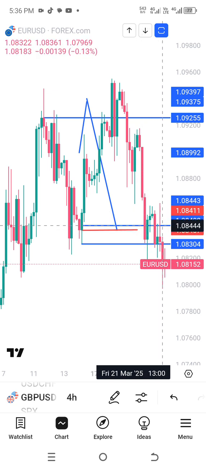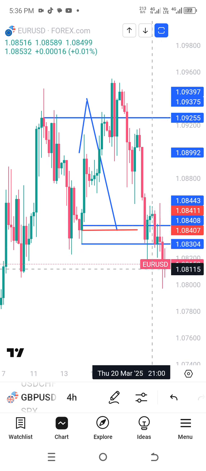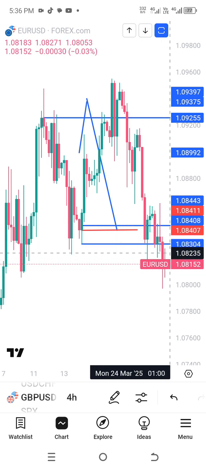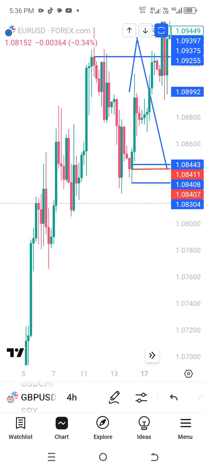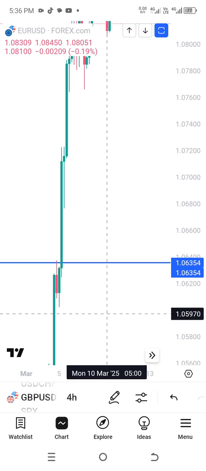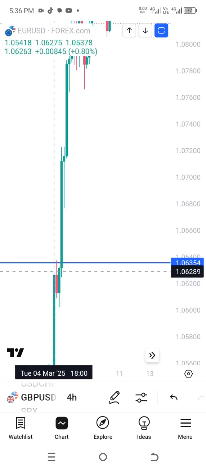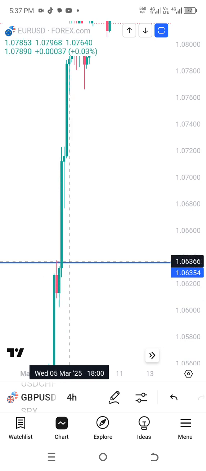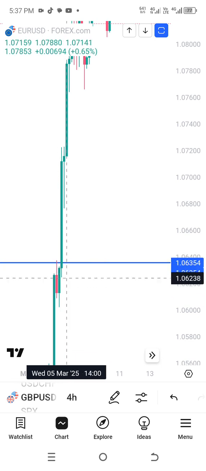There's already a break below, so we expect it to push down a little bit into this area we marked. You can see there is a block here, and a rejection block here. So here is going to be very sensitive to look out for.